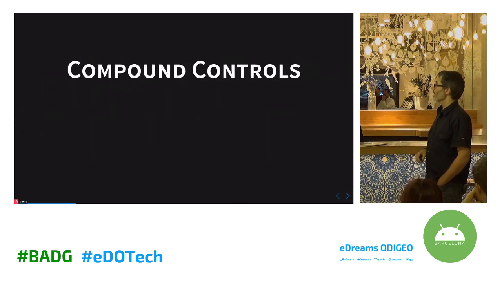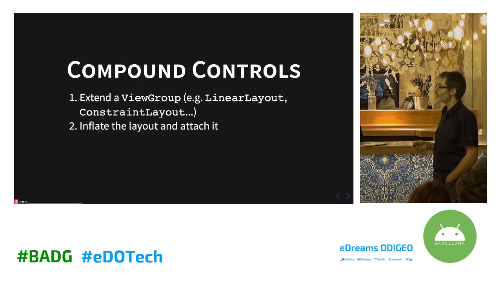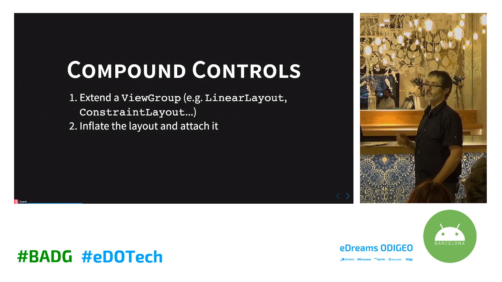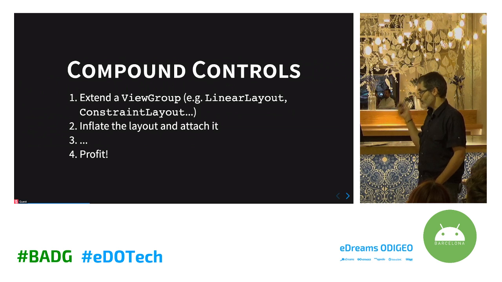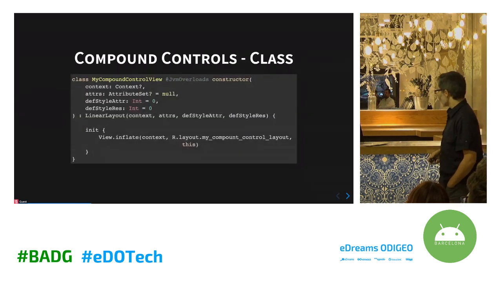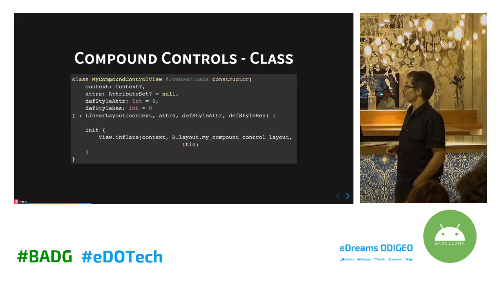So, compound controls. So basically, what we do with these controls is to extend a given view group. For example, as I was saying, linear layout, constraint layout. We inflate this layout, we attach it to the control, and profit. So what do we do with this? This is an example.